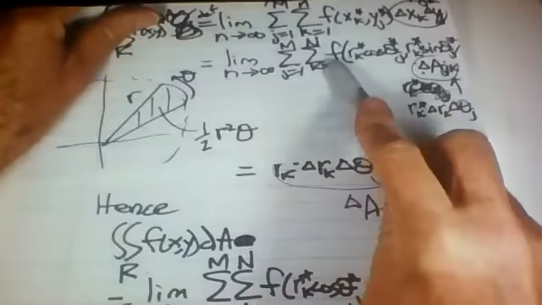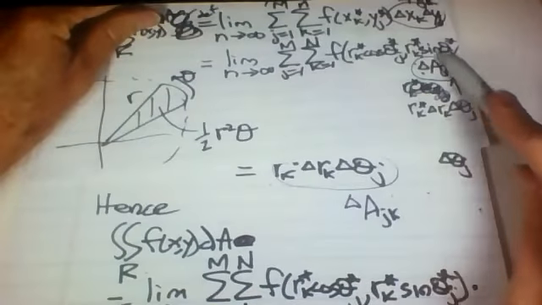Now we said to evaluate this thing, recall on the other page, what we're going to do is take the limit of the sum, f in polar coordinates, times the area of the cake piece, rk star delta rk delta theta j. That's what we just proved. And so now we can say, here's the formulation when you want to do a double integral in polar coordinates, right? Its definition is the limit of that double sum.